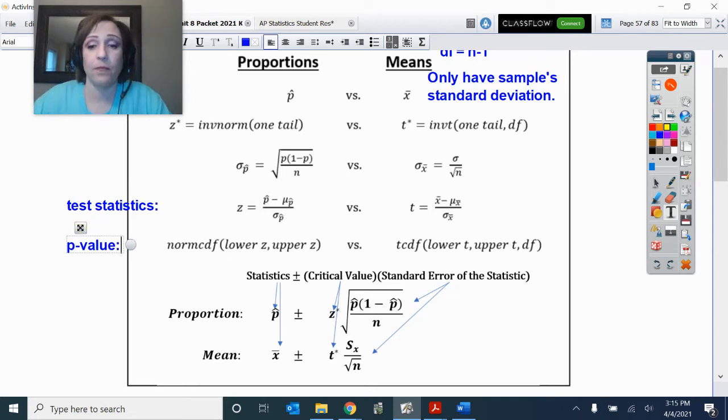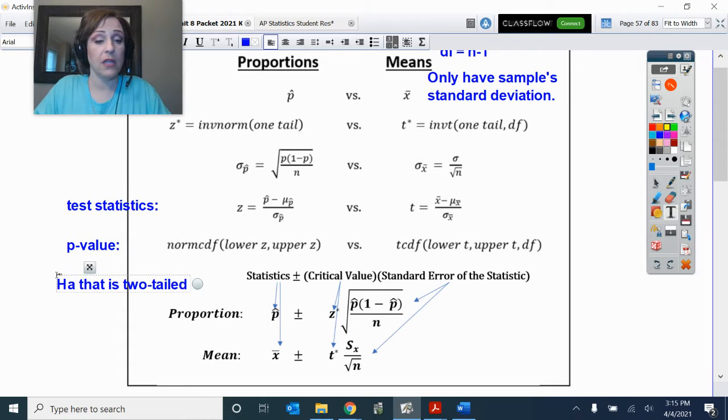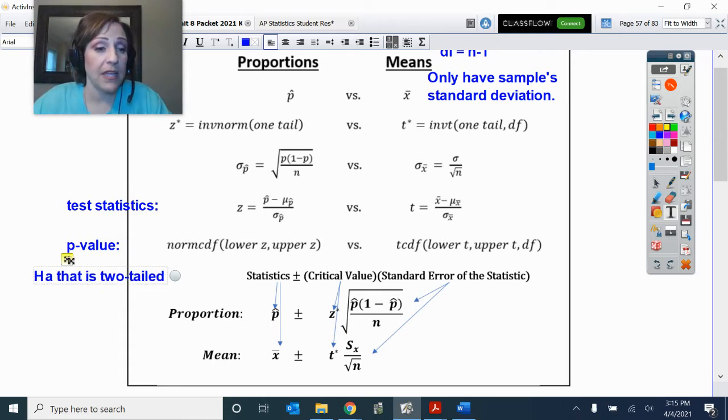Okay, now, one word of warning. Please remember that if you have an HA that is two-tailed, meaning HA is a not equal to symbol, then once you get the p-value of one tail, you multiply it by 2 to get the p-value for two tails.